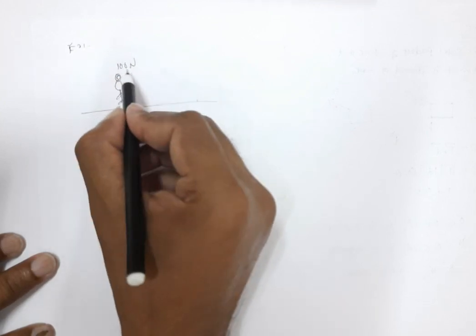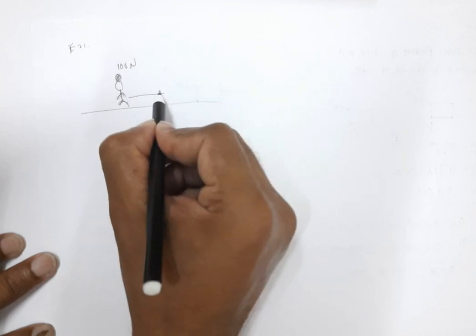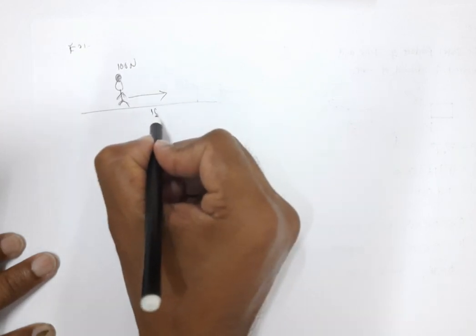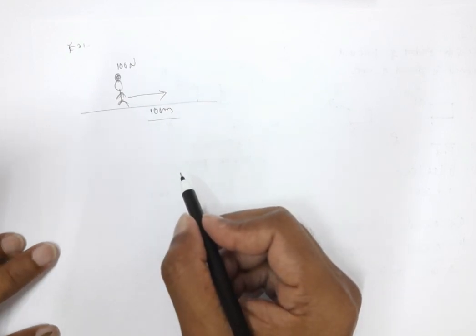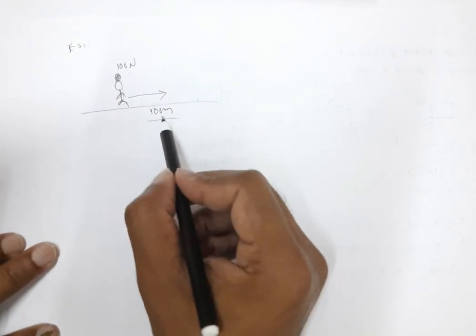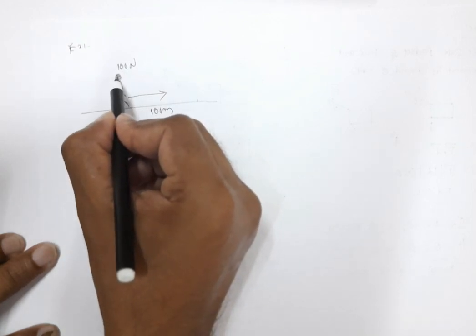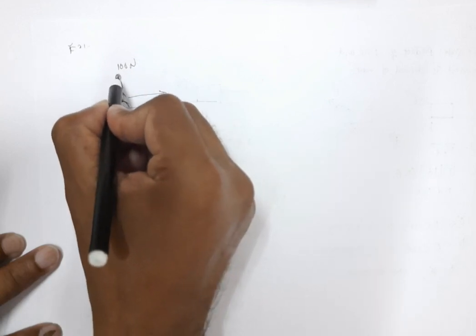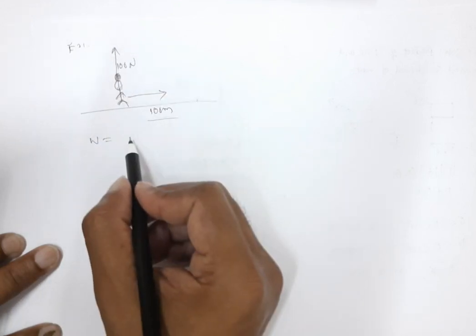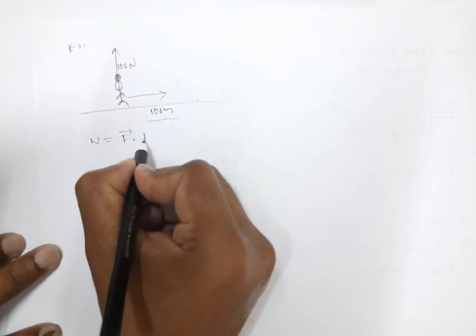The weight of this object is 100 Newton, and you are holding it on your head and walking in the horizontal direction for 100 meters. Now what is the work done by you? You may think 100 into 100, but the weight of the object is 100 newtons and acts in the downward direction, but in order to balance this one, you apply force in the upward direction to hold it. That means now the scalar product of F into D.